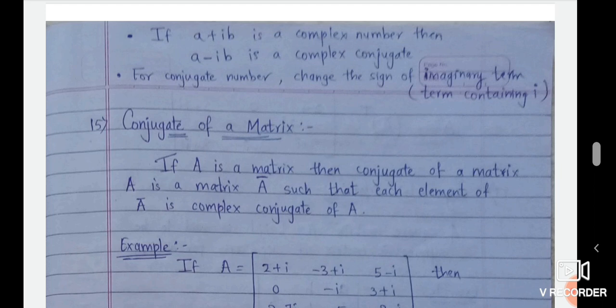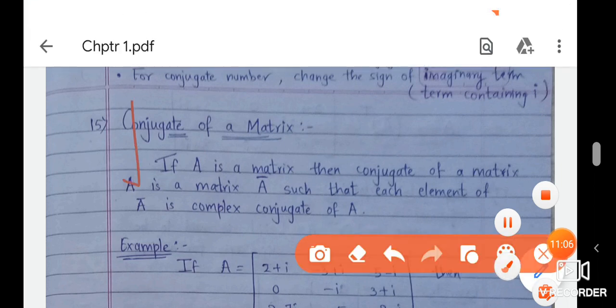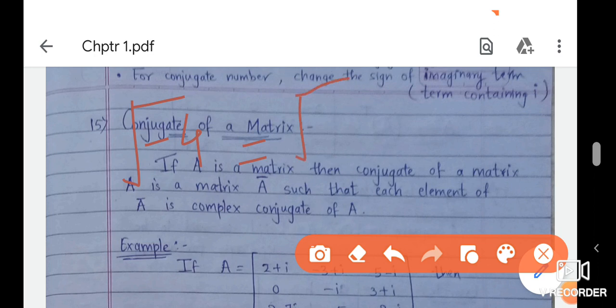The number which contains i is nothing but a complex number. What was my question? Root of minus 4. That is the same as root of 4 into root of minus 1. Square root of 4 we know is plus or minus 2, and instead of root of minus 1 we write i.